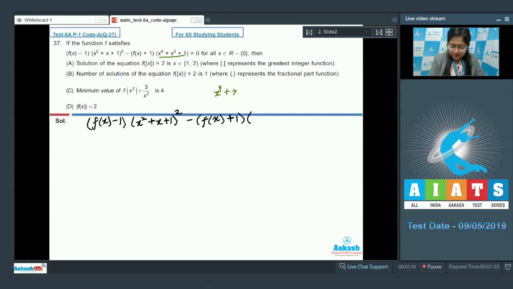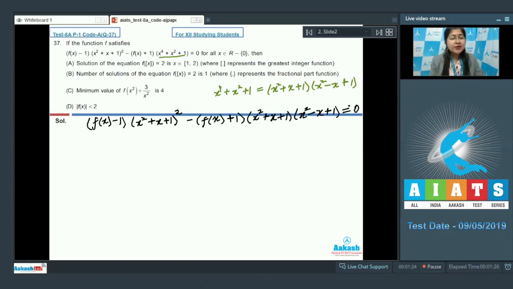We can write x raised to the power 4 plus x square plus 1 as x square plus x plus 1 multiplied with x square minus x plus 1. We can use this property here. Writing it down, we get x square plus x plus 1 multiplied with x square minus x plus 1 equal to 0.